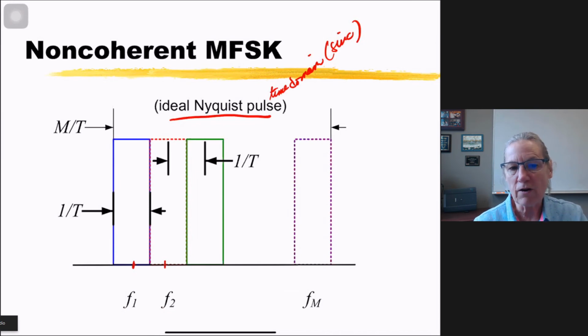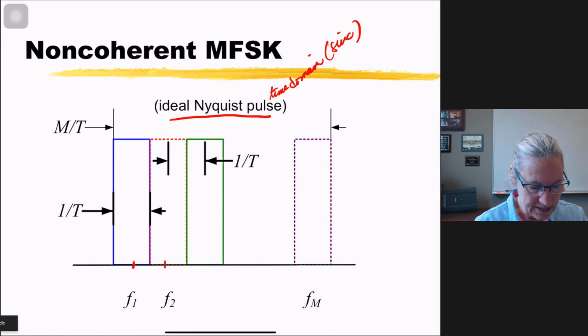And because they're not overlapping, intuitively it makes a lot of sense. It won't matter that they could be out of phase from one another, because when I do a perfect filter bank, there'll be energy only in one, because there's no overlap in the spectral content of different symbols.